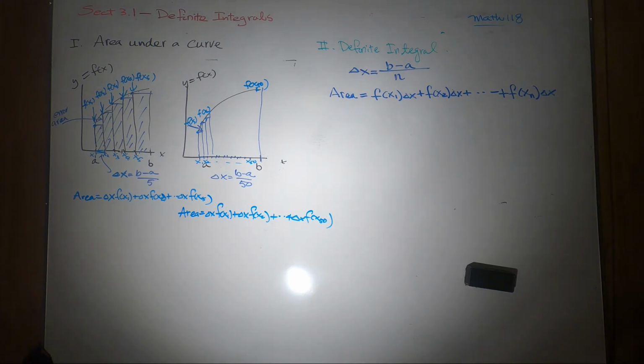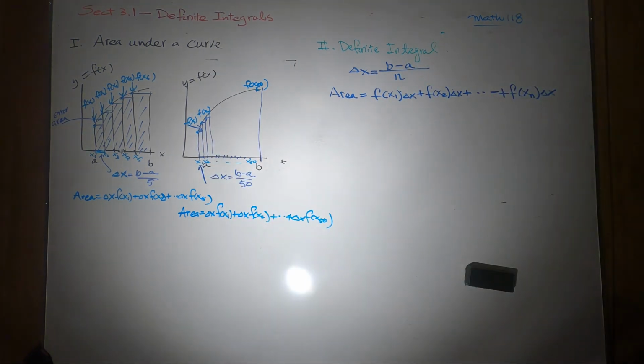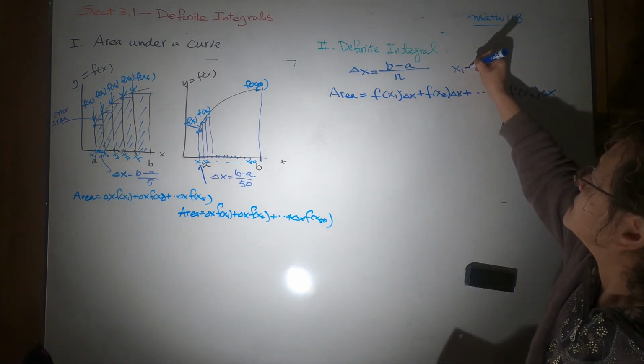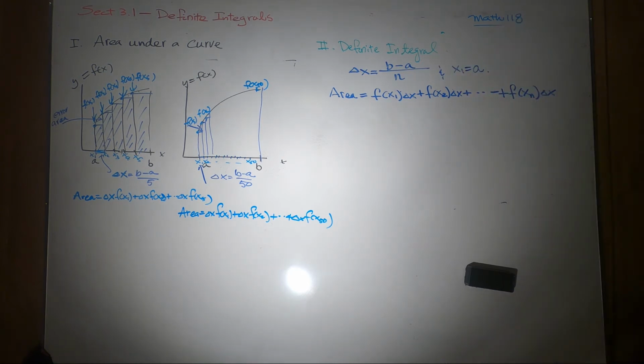All right. And we also know the first point A would be what? x1 is your A. So your x1 is your starting point. All right. So that's a symbol we are using.